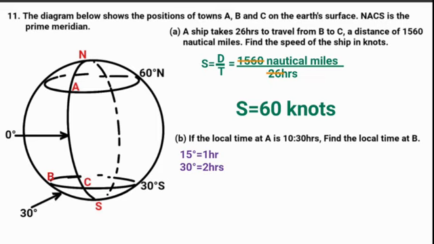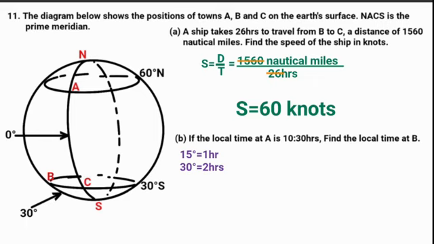If a town is on 0 degrees and the other is on 15 degrees, then depending on the side, if it's on the left side, it will be lower by 1 hour, and on the right side, it will be higher by 1 hour. What we are saying here is that B is on the left side of A. That means town B is behind town A by 2 hours, or town A is ahead of the time at B by 2 hours.